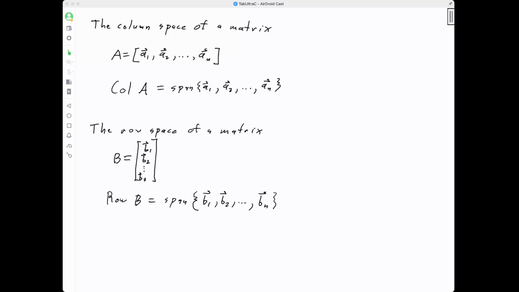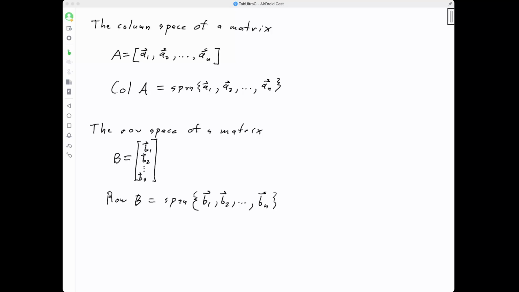Now, frequently, before we take this span, we represent them as columns just because it looks nicer, but either way it is representing these rows.